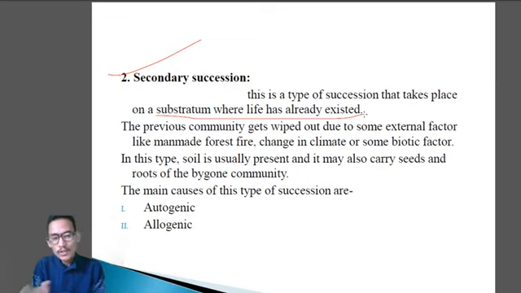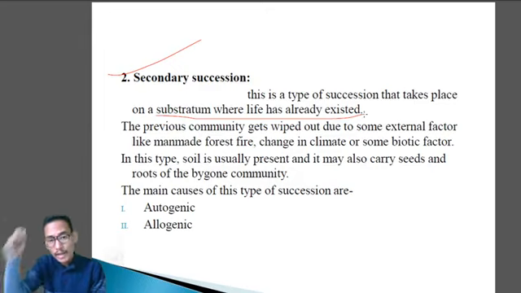So here you can simply answer that secondary succession will take place much more rapidly than primary succession, because in primary succession there was no soil and no organic matter to support the existence of life. But in secondary succession, life was there previously, and since life was there, there was soil and organic matter.